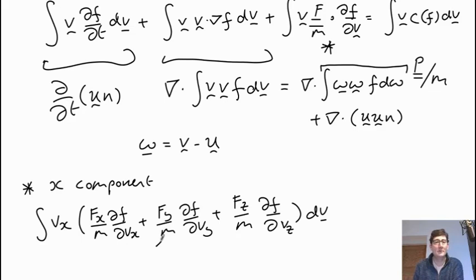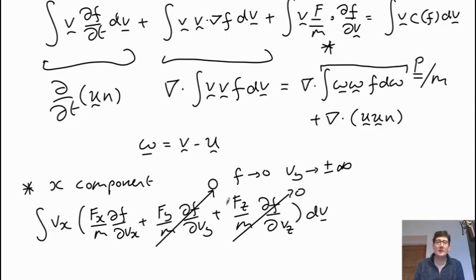This goes to 0 since f goes to 0 as vy goes to plus or minus infinity, because this term here can be converted into a volume integral of a divergence, then turned into a surface integral, and goes to 0. And the same for the z direction. This one also goes to 0, because we can pull this vx out and just make this an integral in vz.